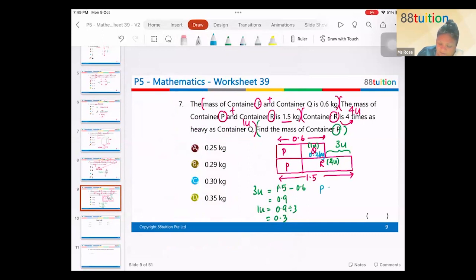So that means container P would be 0.6 minus 0.3 to give me 0.3. Okay? So when you are not sure how to do a certain question, I would suggest that you draw a model. Okay? All right.